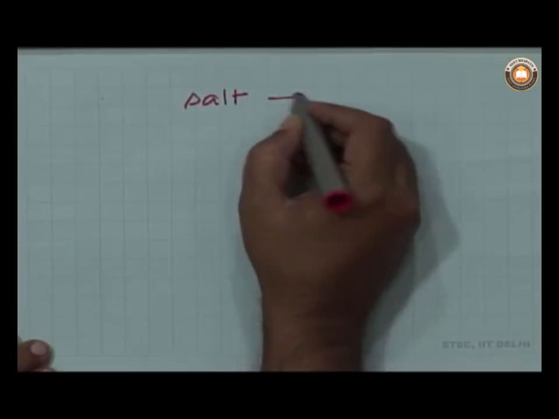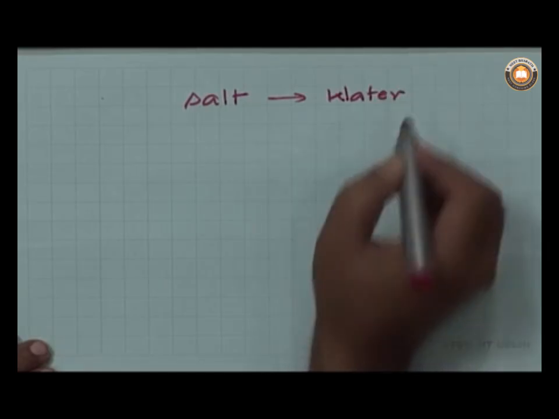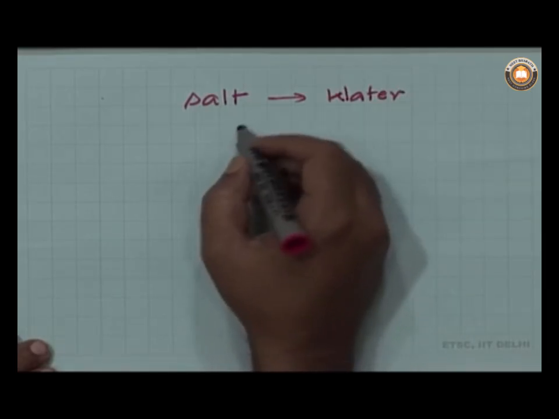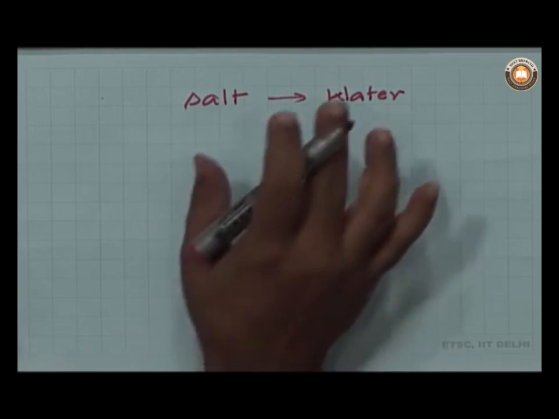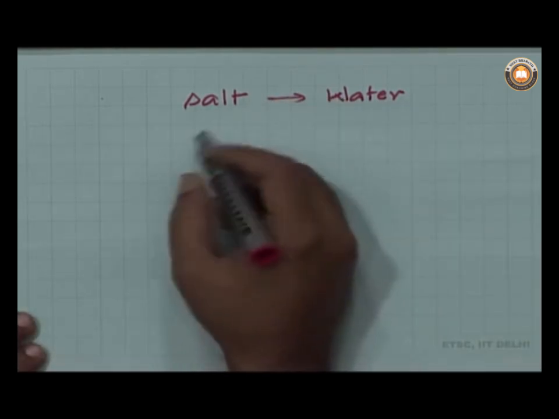So, suppose we have sodium acetate. If we put salt into water and we want to know which kind of solution this is, whether it is an acidic solution, basic solution or neutral solution.